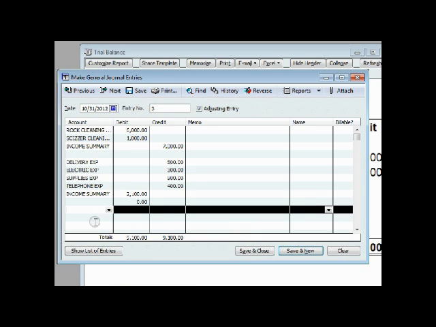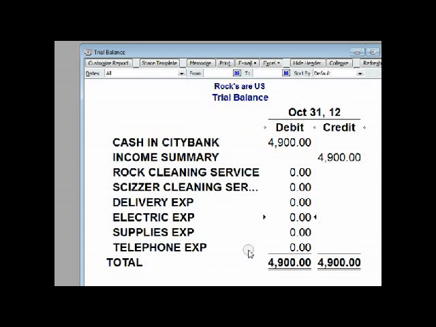Our good friend, income summary. So this would be the first set of adjusting entries that we would make to clear out the income accounts, to clear out the expense accounts, and to bring the difference, which is the net income of $4,900, over to income summary. Save and close.